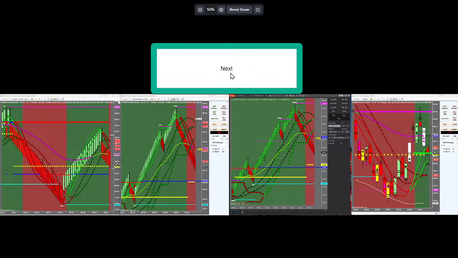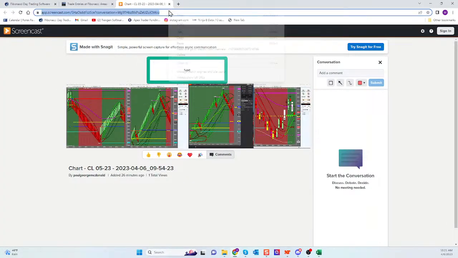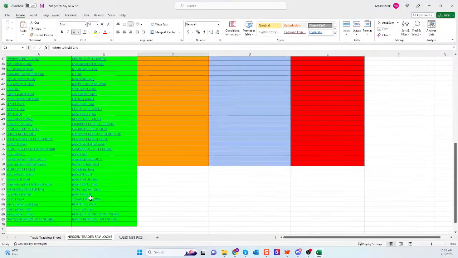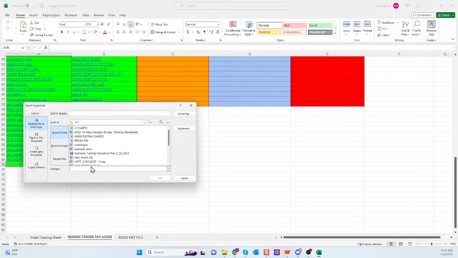And guys, there's that magic word: next. Beautiful trade, Paul. Perfect setup. Perfectly rules met. Everything said go. I'm going to steal this one and put it in my spreadsheet because I'm not going to lie, I want to be able to take that trade every time it sets up. Guys, steal this picture.